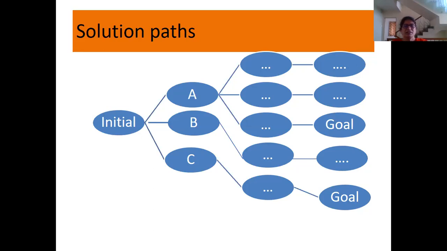When some action is performed, the state changes from the initial state to either state A, state B, or state C. Here the action is like a mapping function, which helps the agent to move from one state to another state. The sequence of actions is taken by the agent to reach the goal state or the set of goal states.